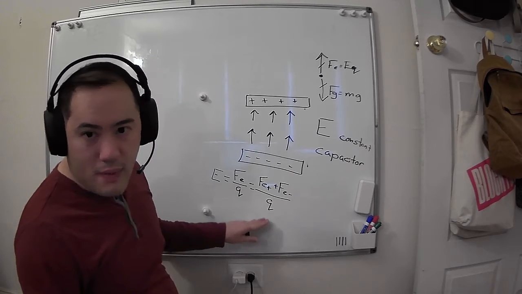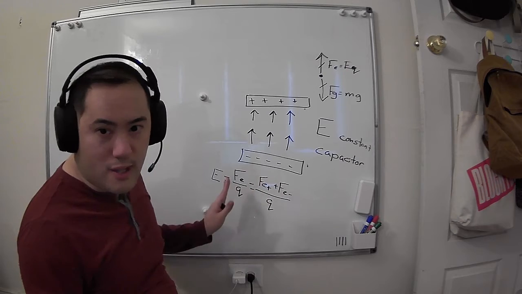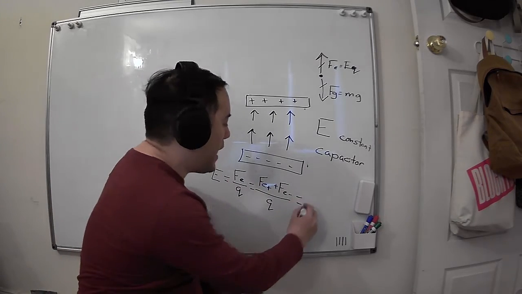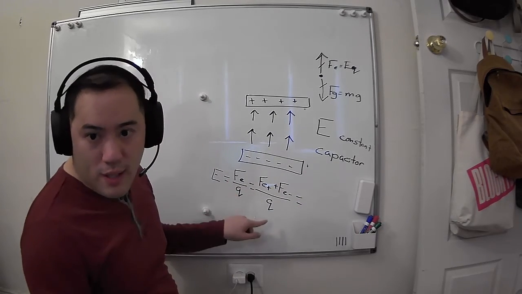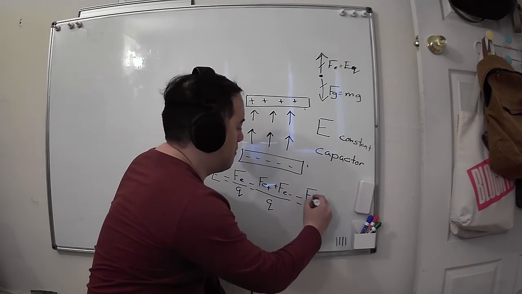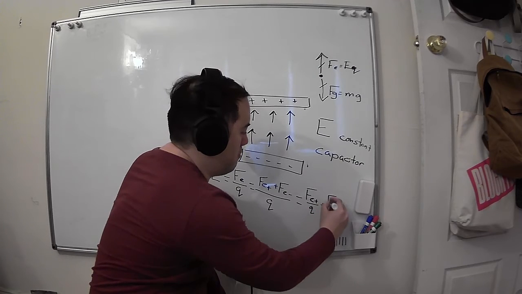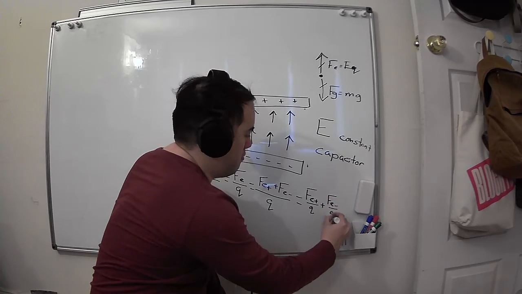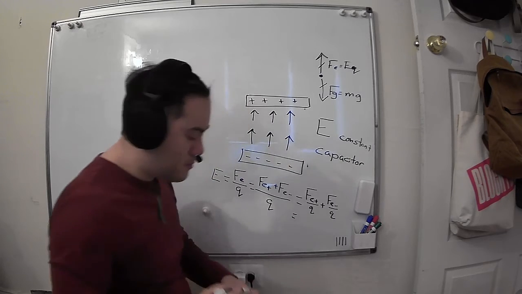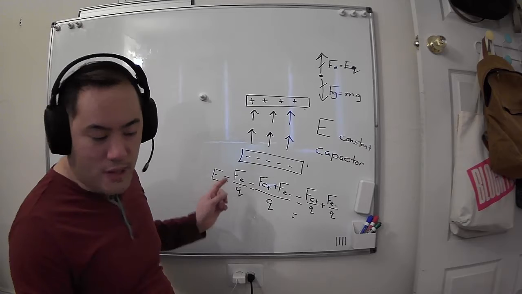Well, if you have two forces causing electric fields, they actually create two electric fields. We can distribute the Q. And wait, Fe over Q, that's the formula for electric field.